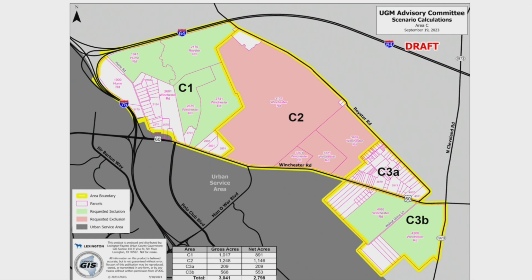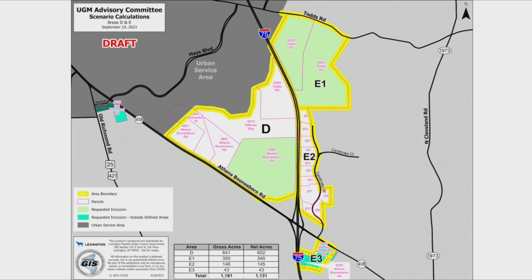Area C3B in the lower right, south of Winchester Road to North Cleveland and back in around Greenbrier, 568 gross, 553 net. We are not including anything in Area C2 or Area C3A north of Winchester Road.